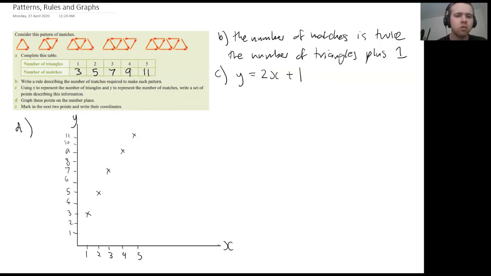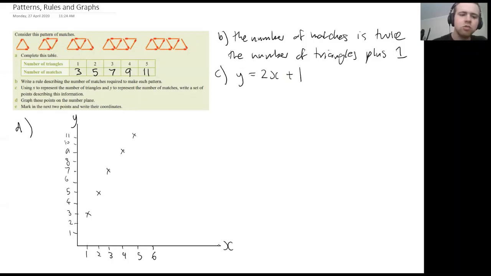Okay, so we've graphed these points on the number plane, and we want to mark the next 2 points and write their coordinates. So what we want to think is, well, what's triangle 6 going to be? I'm going to move that across a little bit, give a bit more space.